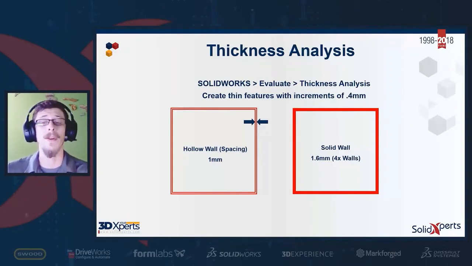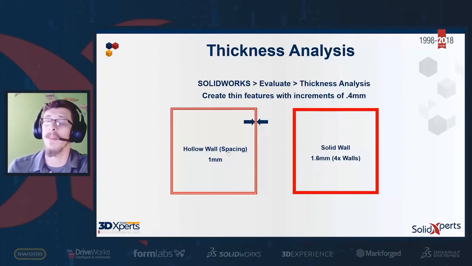For example, Markforged standardizes on a minimum feature thickness of 1.6 millimeters, or 4 wall thicknesses. This is plenty strong and it gets 4 walls that are laminated together and have all the strength they need. So again, look at the manufacturer, find out what the minimum feature thickness they support is, and try to accommodate that and use factors of that.